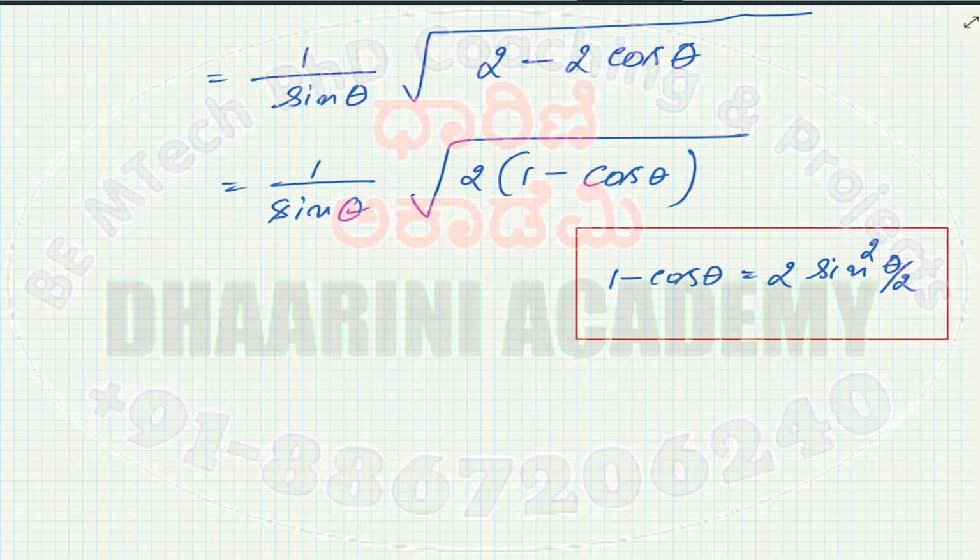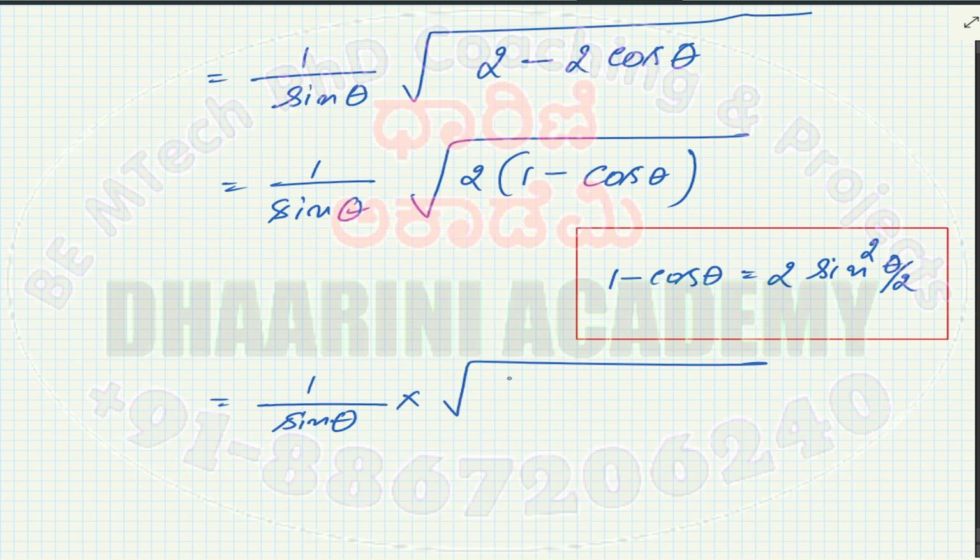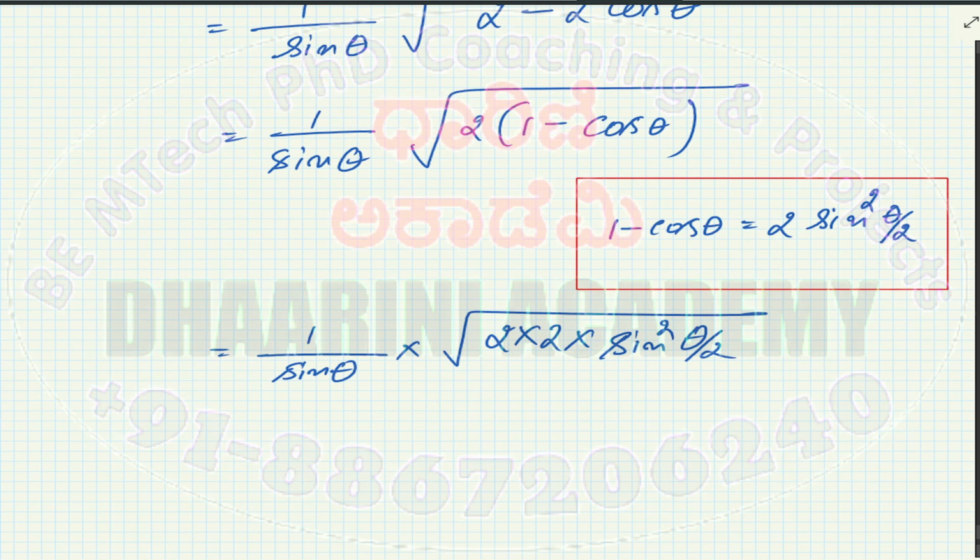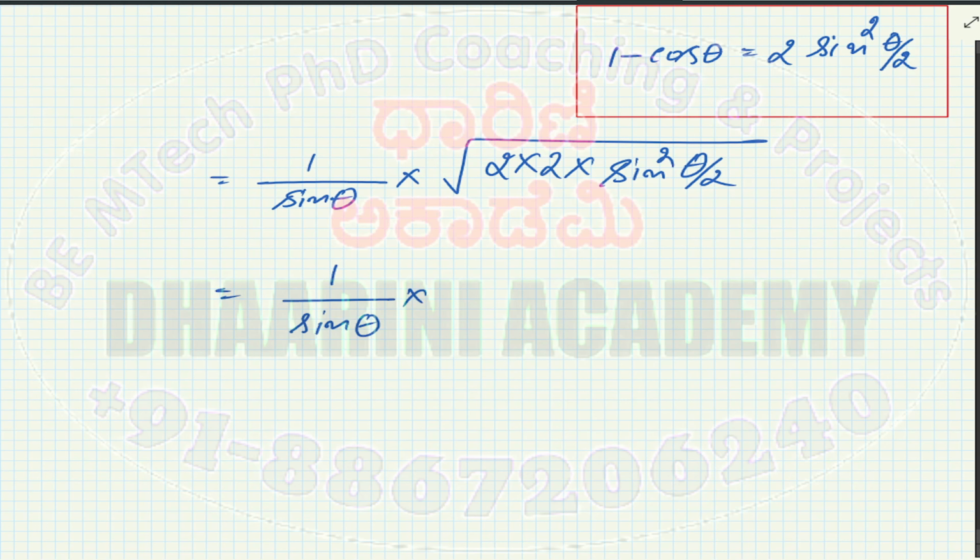So this means I can simply write this as this is equal to 1 by sine theta, multiply that with root of 2 into 2 into 1 minus cos theta is sine square of theta by 2. So this is equal to 1 by sine theta into, so this is 2 sine theta by 2.